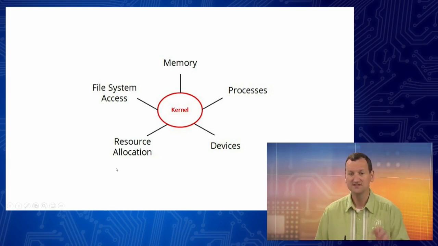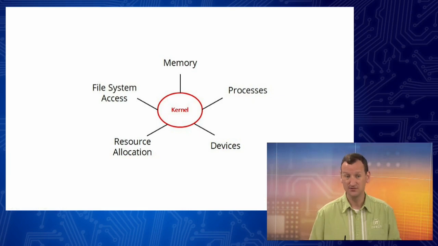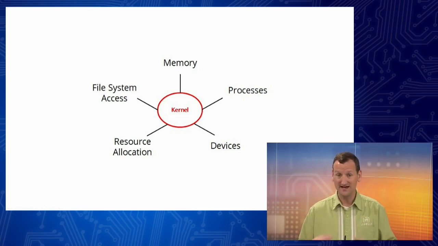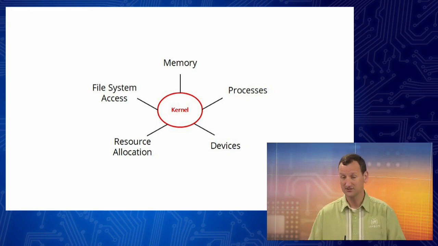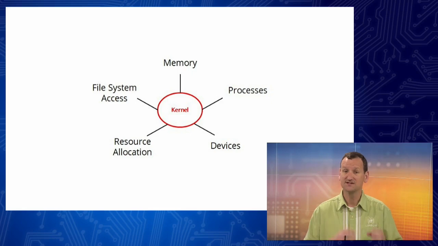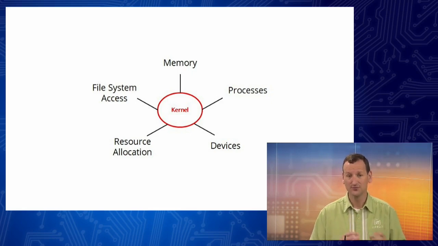Resource allocation, divvying up RAM or CPU cycles or other things like DMAs and IRQs to make them available for systems. And then file system access. People are inputting and outputting data from disk storage, whether it's a RAID array or a single disk or a flash card, it's handling those communications. It's all passing through the kernel.